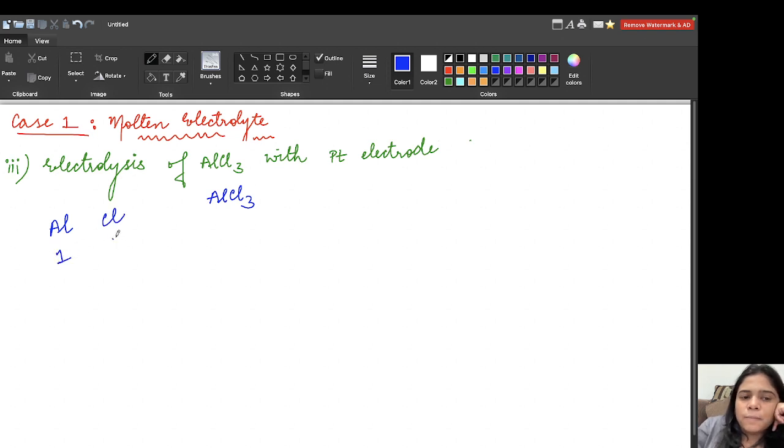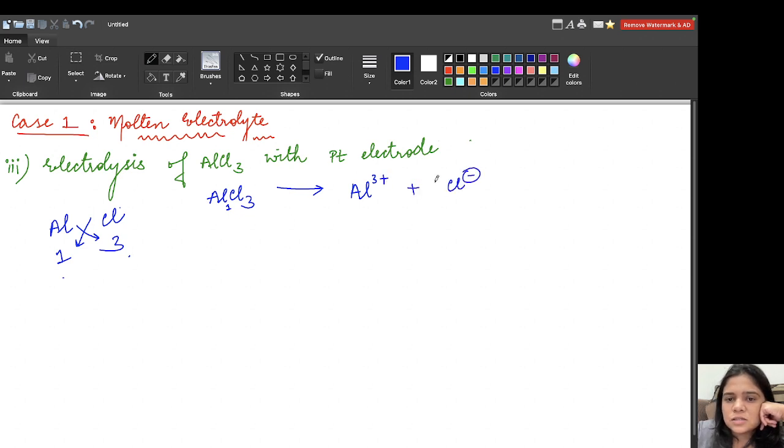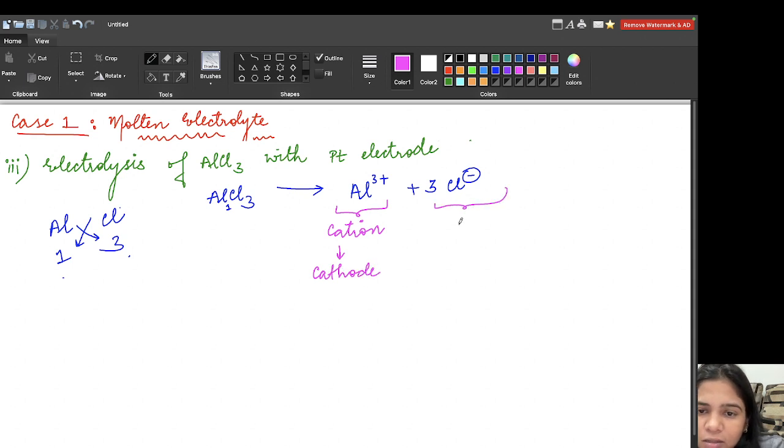What is the number here? On Al, subscript is 1, right? On Cl, it's 3. Just cross multiply it with the sign. So what will you get? Al3 plus and Cl minus. Now since we need to balance the charge, we write 3Cl minus. This is your cation. Cation goes to cathode. This is your anion. Anion goes to your anode.